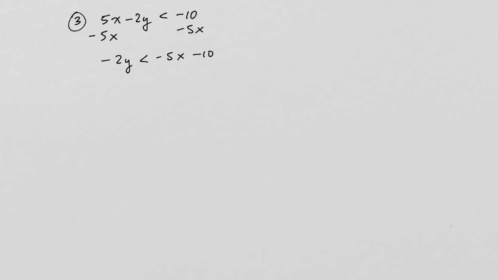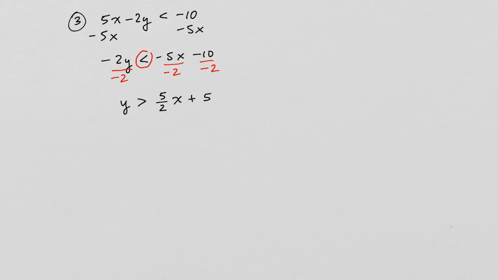And then I'm going to divide both sides by -2. And I'm doing this in red because when you divide by a negative, you have to remember to reverse the inequality. So this becomes y is greater than 5/2 times x plus 5.